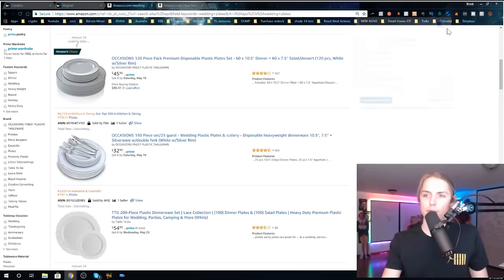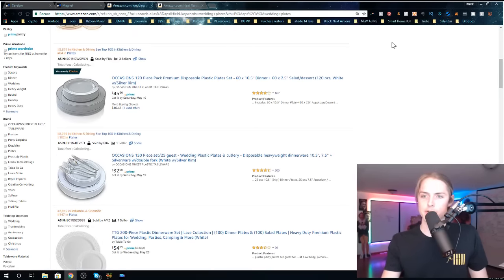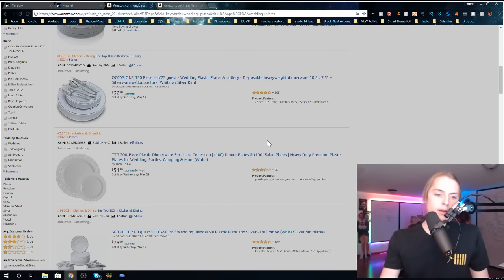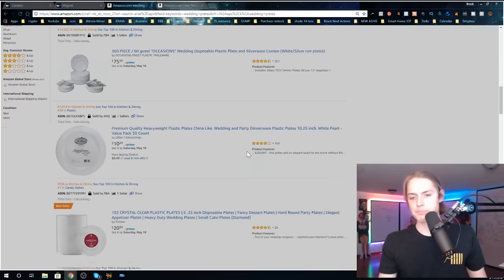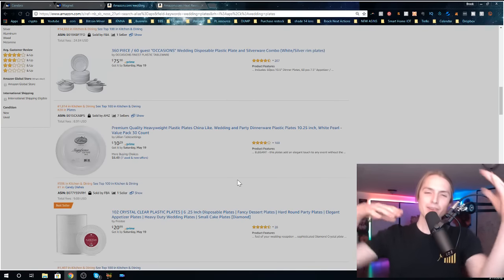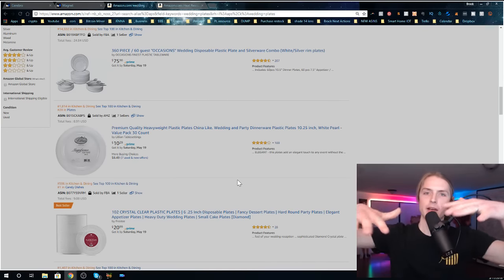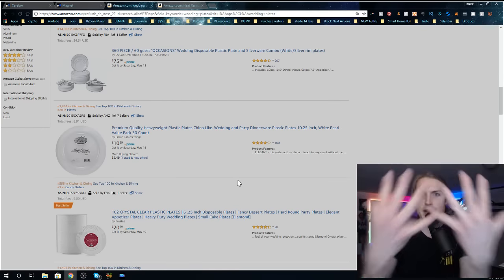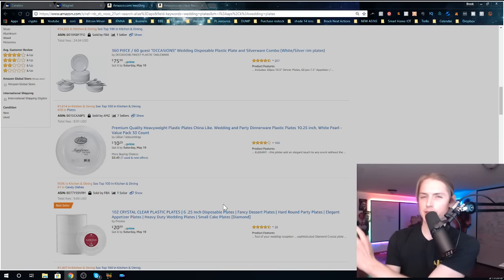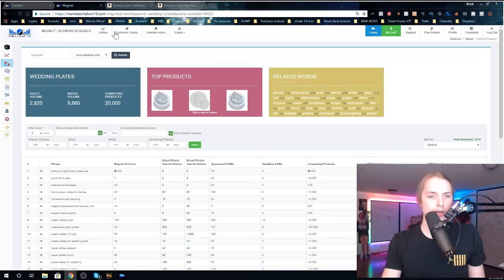If you look at the total amount of sales on this first page, within every single market there's the main keyword, but then there are all these different niches within it, and a lot of times there are unserved ones. So we just took wedding plates into here.